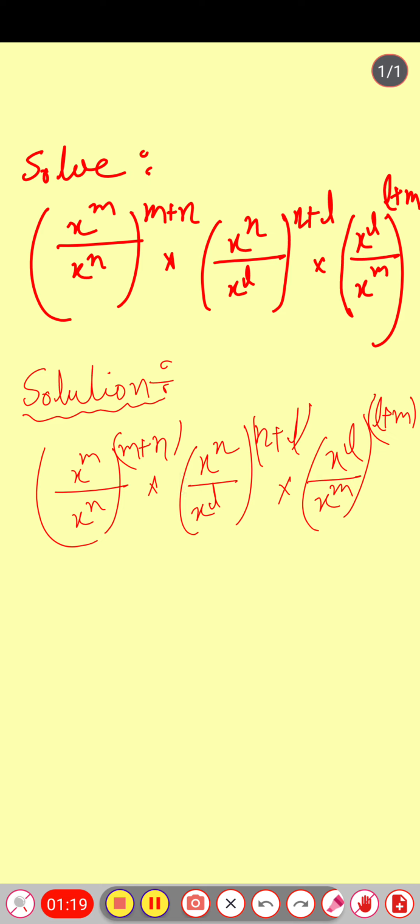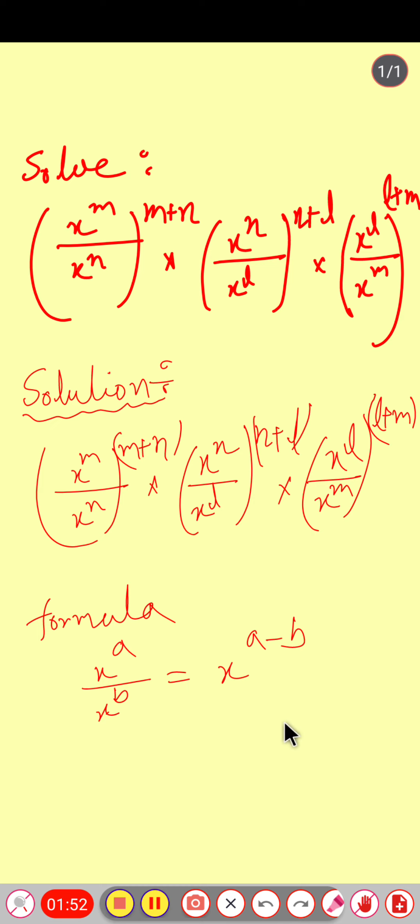Now we know from the power formula that if x to the power a by x to the power b is there, it should be x to the power a minus b. So the power in the denominator will subtract from the numerator power.